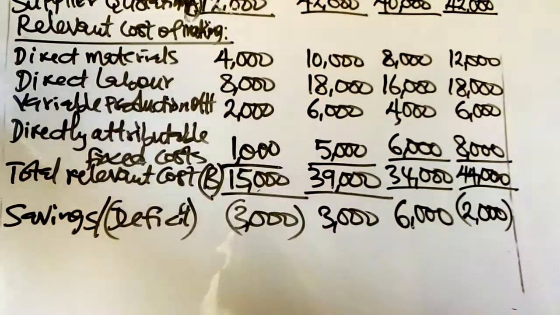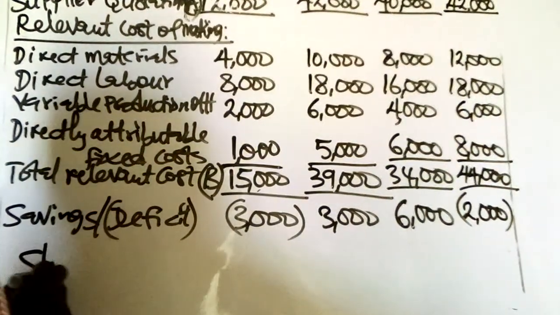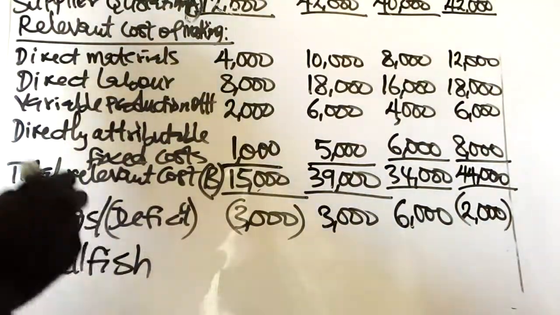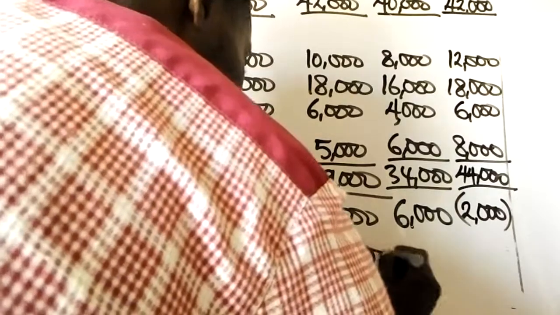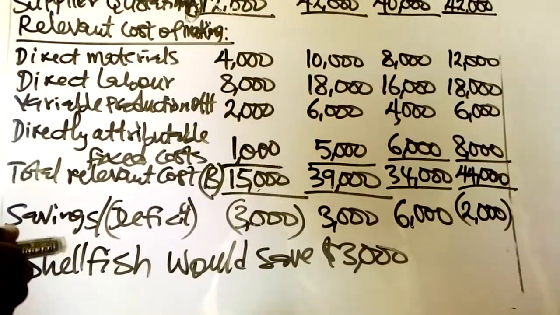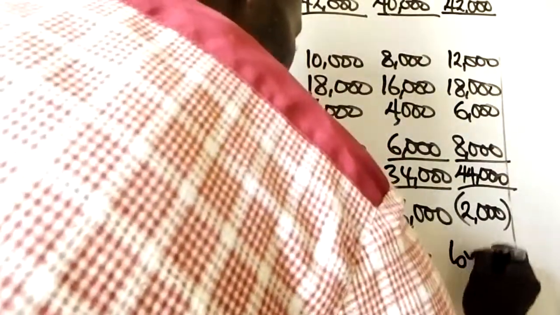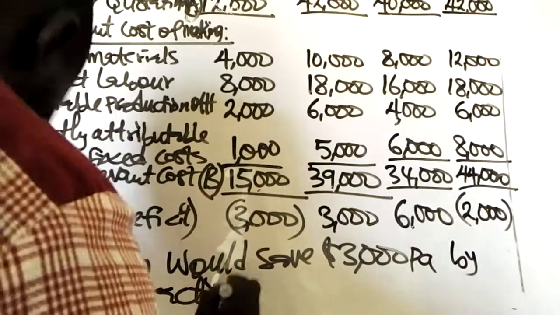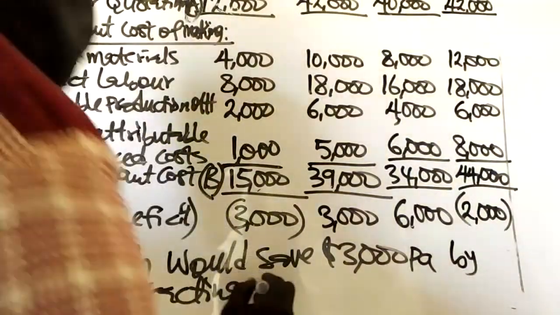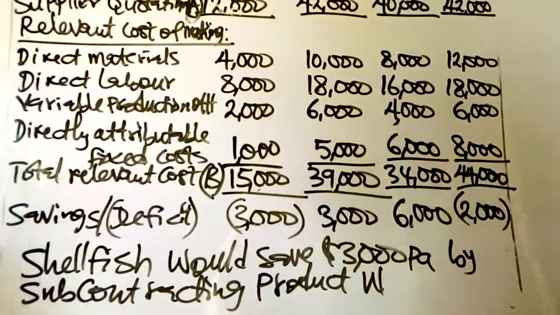So now our decision. Shellfish, that is the name of the company, would save $3,000 per annum by subcontracting product W. If they subcontract product W, they will save 3,000.